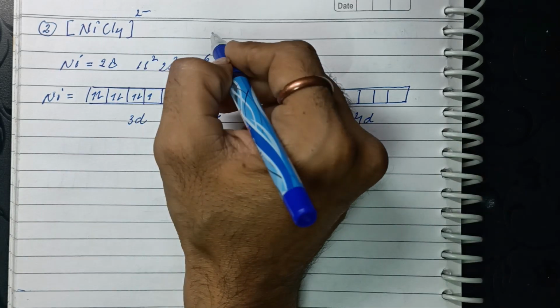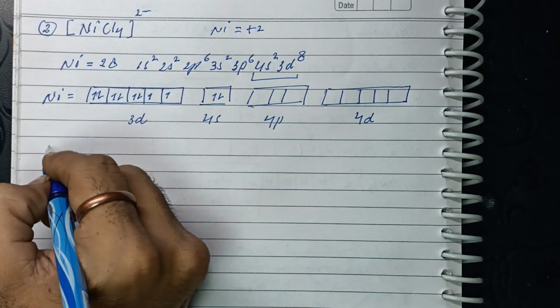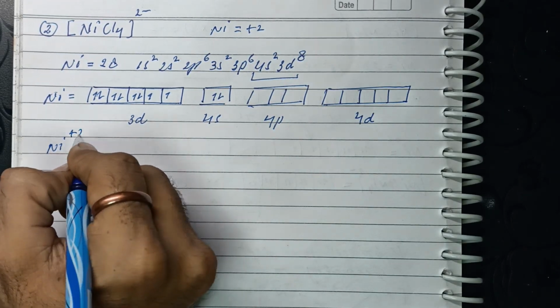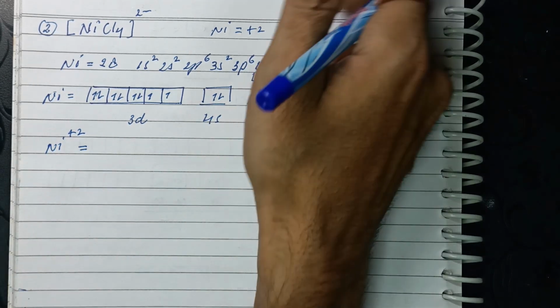Now again the oxidation state of nickel in this case is plus 2. Nickel plus 2. It means it will be losing 2 electrons.